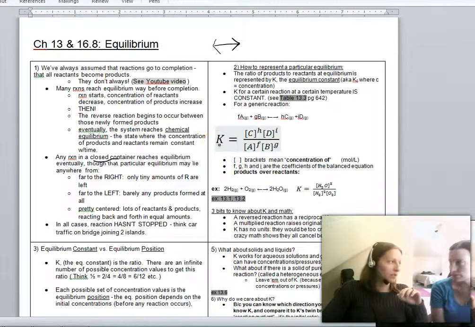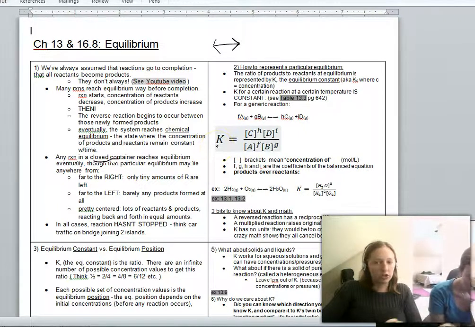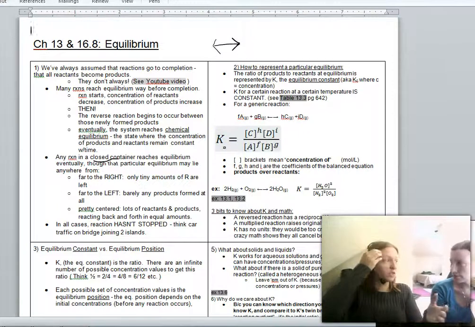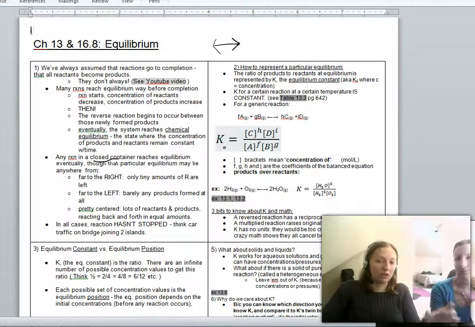So when you're running the math on these equilibrium problems, at a particular temperature, a particular system will always have the same K. No matter what concentrations you started with, it will get to a situation that will give you the same K.